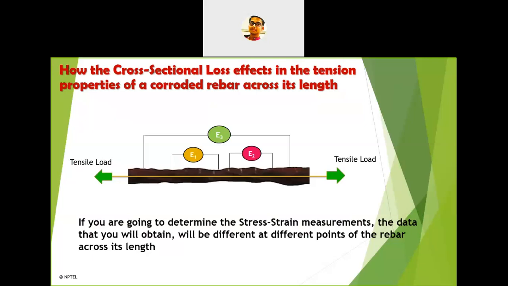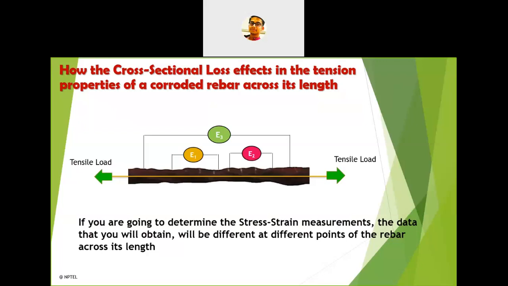This is the problem we used to face with corroded bars. It's quite difficult to say what is happening at each and every point of the bar along the entire length. If you determine the stress strain measurements, the data you obtain will be different at different points of the rebar across its length. So this is a reason for the stress strain behavior.